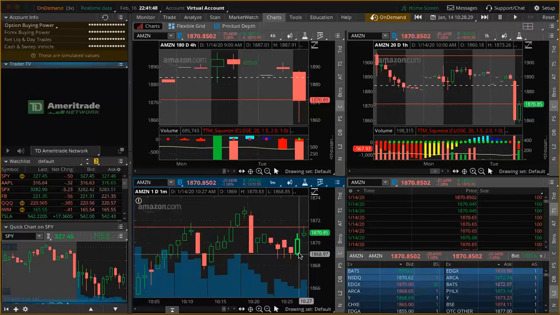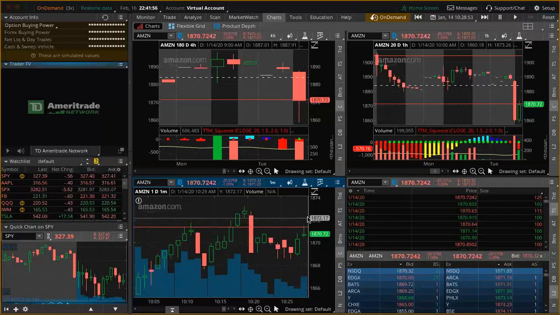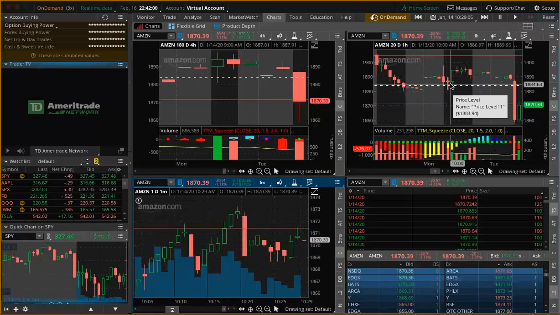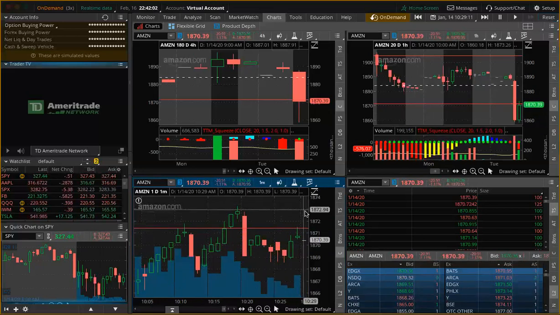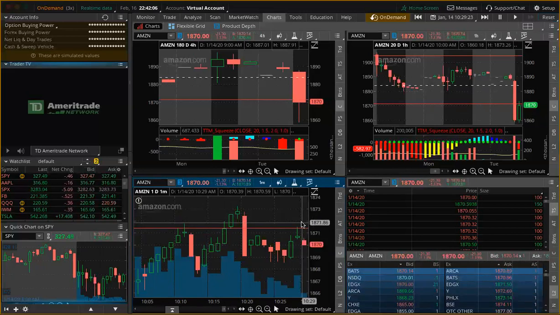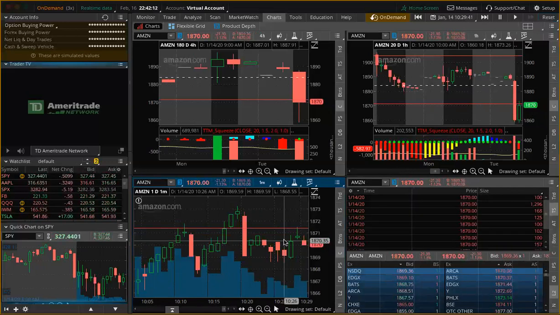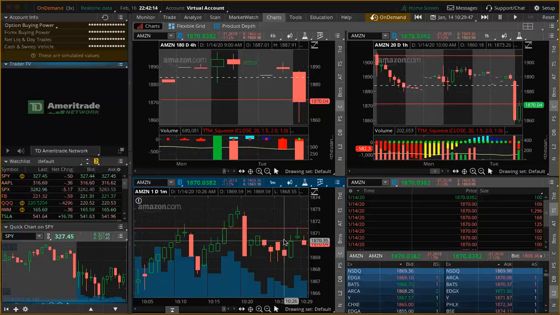And as you can see, we're attempting to break that level of resistance again. I sold at 10.32. So I'm still riding this momentum right now. Got some sellers sitting there at that level still.